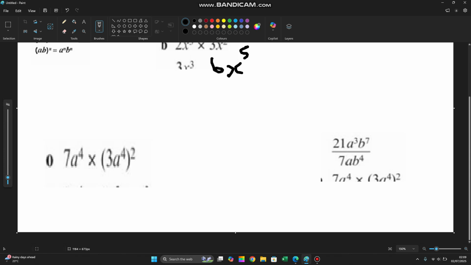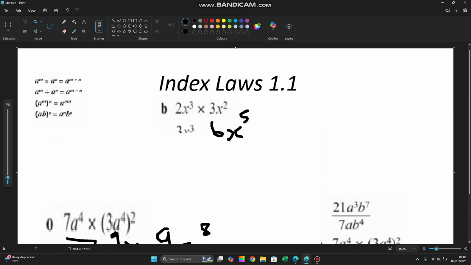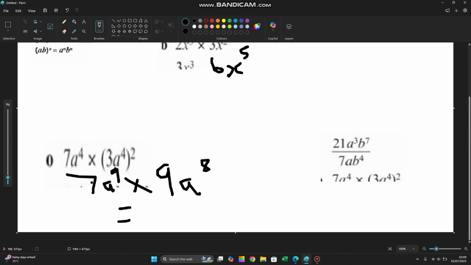So we can write this as 7a to the 4 times 9a to the 8. This is like this question up here. Same practice. We multiply the whole numbers, 7 times 9, 63.